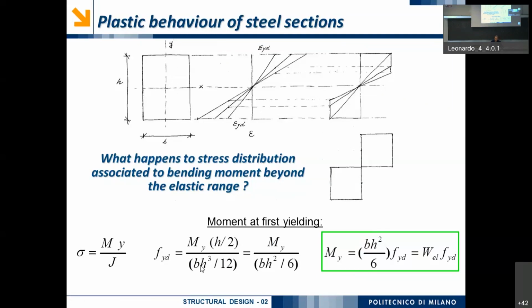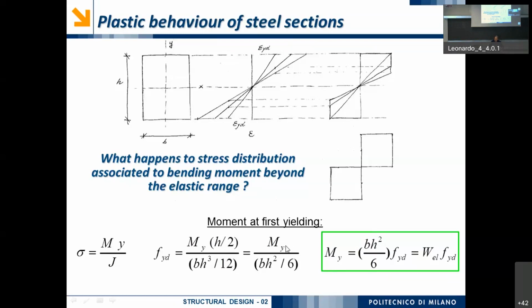The value of the inertia moment is b h cubed over 12, okay? So in this equation, what we do not know is the value of the yielding bending moment, okay? Because we know that yielding stress is f yd, and then the ratio between h over 2 and b h cubed over 12 is 6 over b h squared.